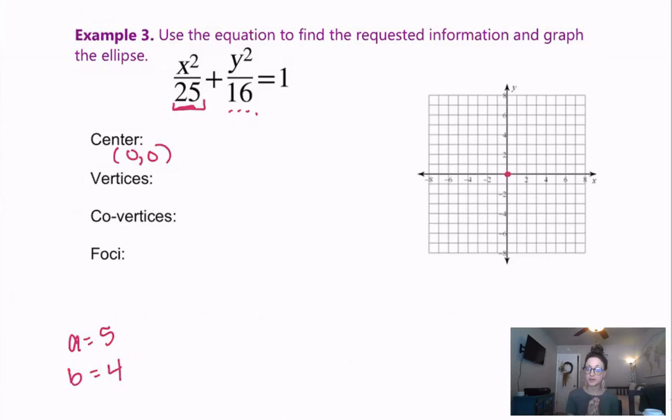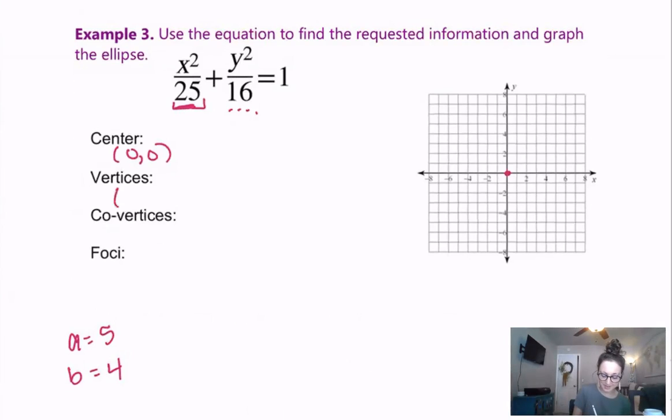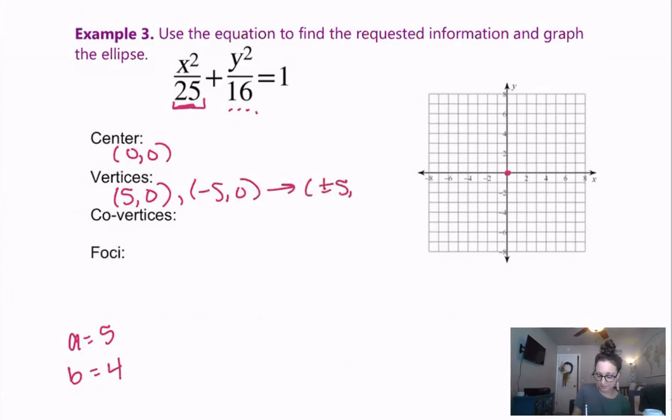Add and subtract it to your x, because our major axis was horizontal in this case, because 25 is larger than 16 and the 25 is under the x. So I am going to add 5 to the x-coordinate of the center and subtract 5. You can also write this as plus or minus 5 comma 0. So my vertices will be at plus or minus 5 on the x-axis.